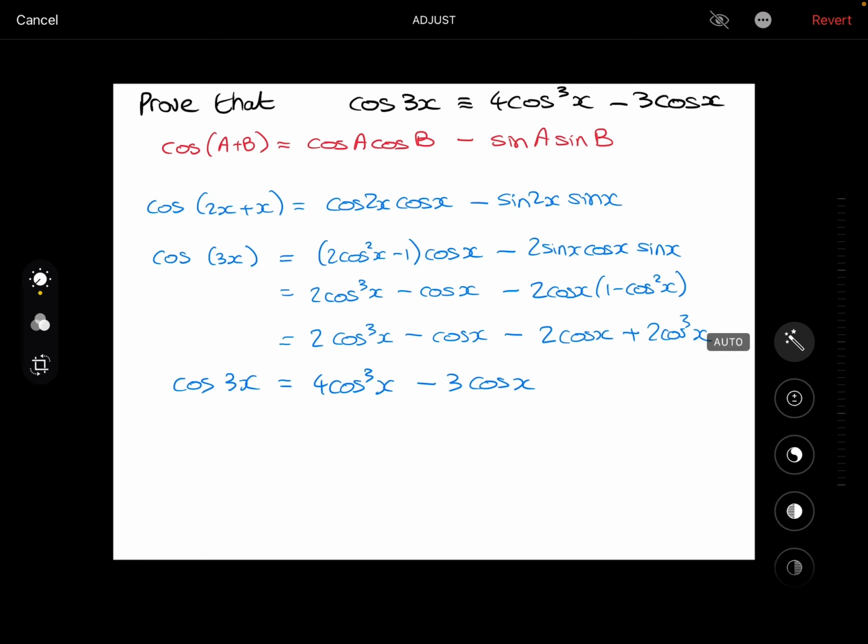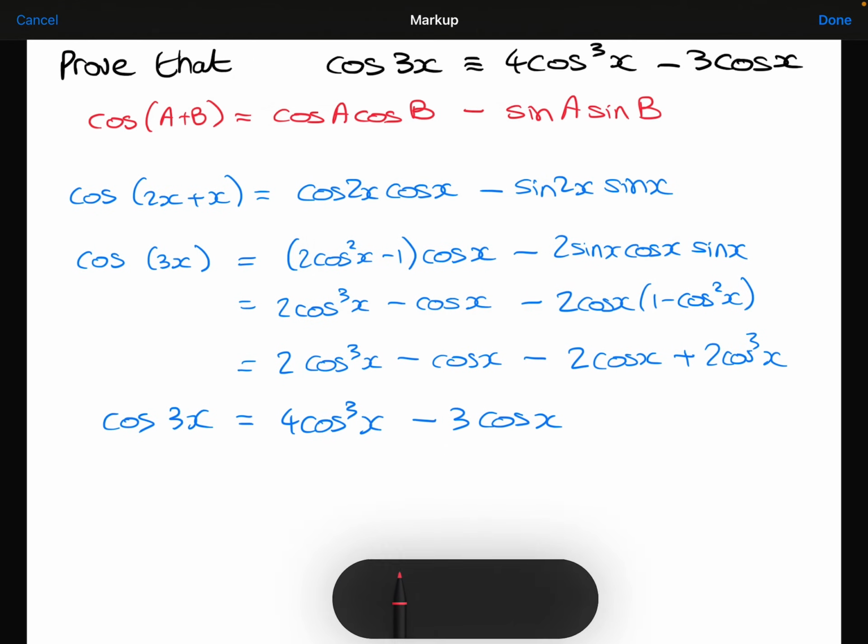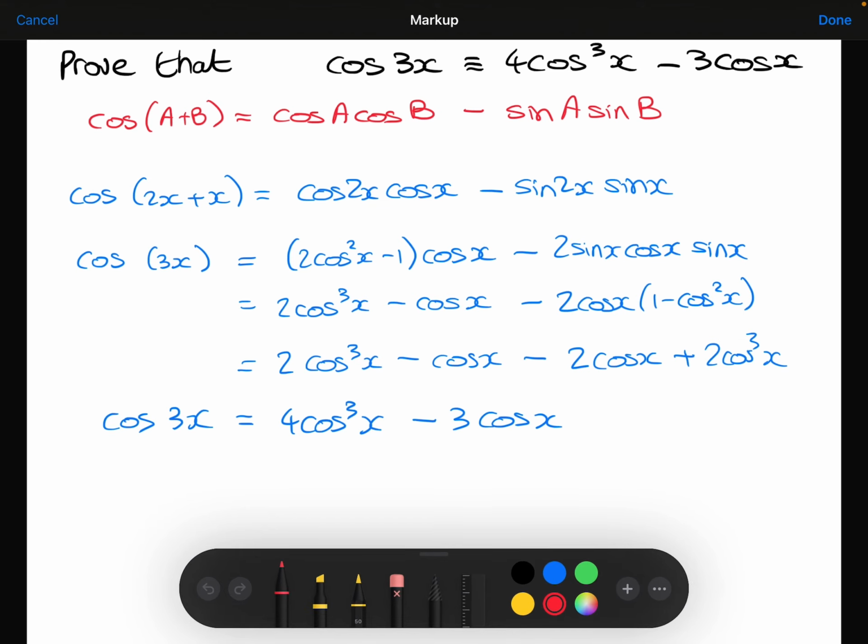And last example for this video, I was asked to prove that cos 3x is identical to 4 cos cubed x minus 3 cos x. So I'm going to start in the same way that I proved the cos 2x formula, with the addition formulae from the formula sheet.